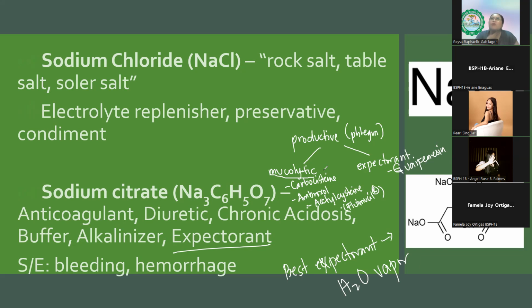Kasi pag nahumok na ang phlegm, pero hindi naman siya na-expel, nahumok lang, it will be deposited in the airways. And then, since marami ng plema dito and then hindi agad-agad na-expel, mahihirapan increasingly yung patient sa paghinga kasi may obstruction na dito na plema.